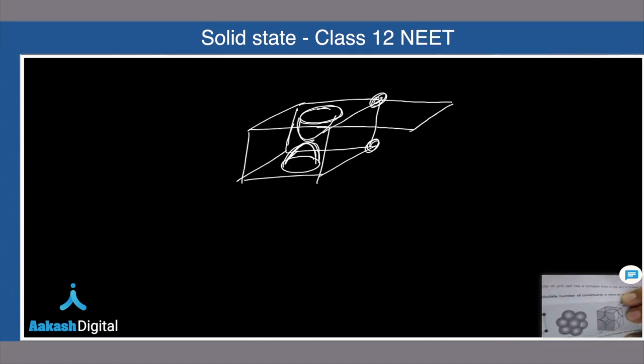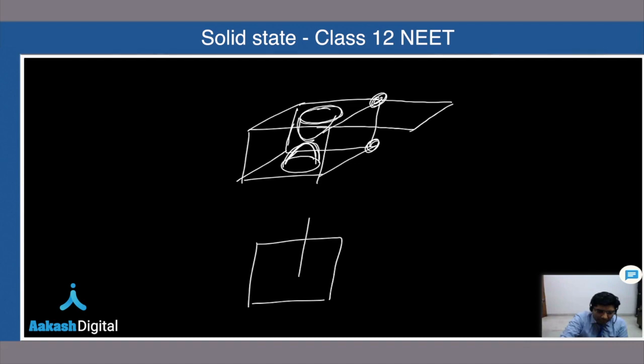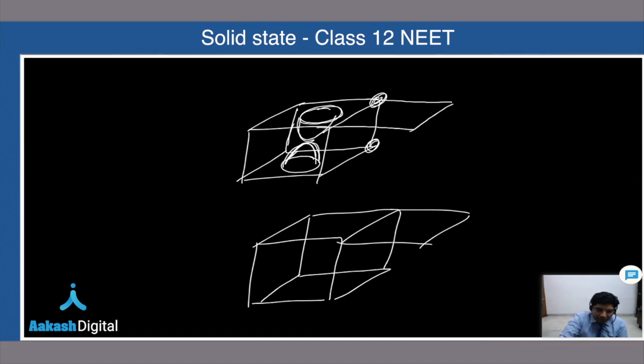So in simple cubic, they touch each other. Now, if it is like this, this is touching this, and this, and centered, and they are also touching the other one.